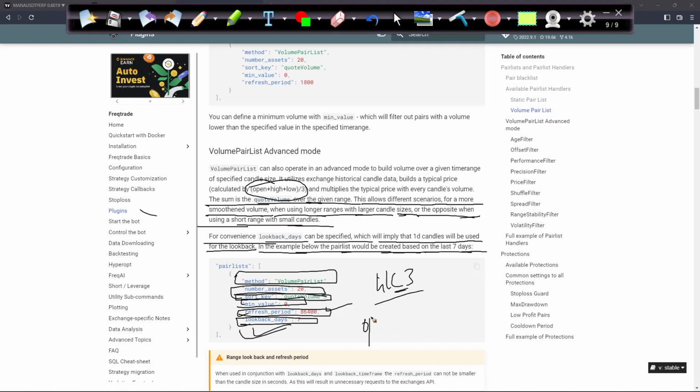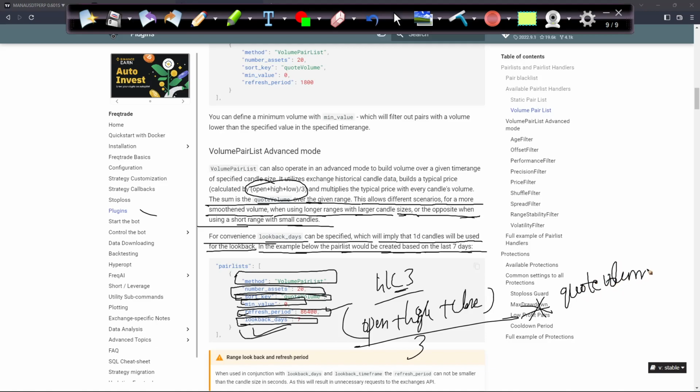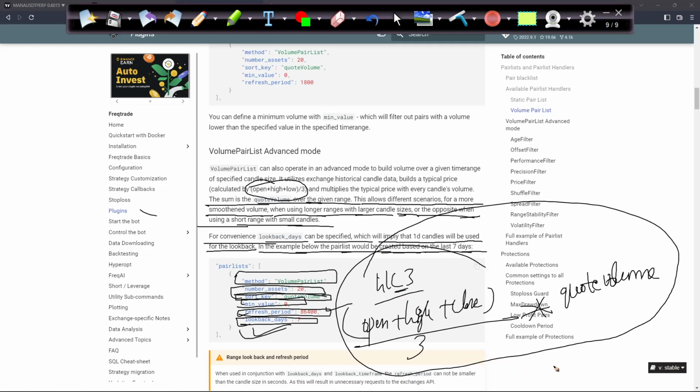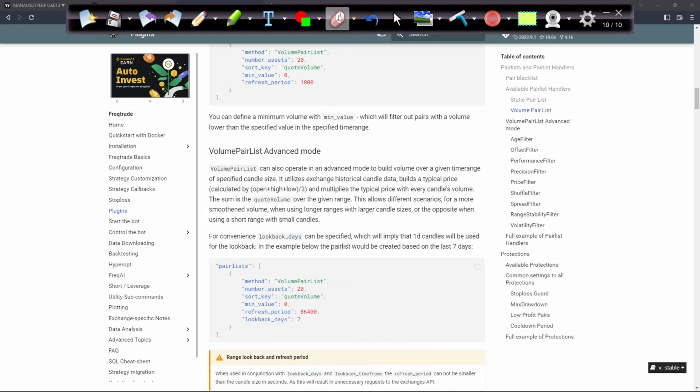So we can do open plus high plus close by 3 and multiply it by quote volume, and this will give us that context to our price, like which are the most traded areas in the volume, and there it filters out depending on that. Okay, so that's our advanced volume mode.